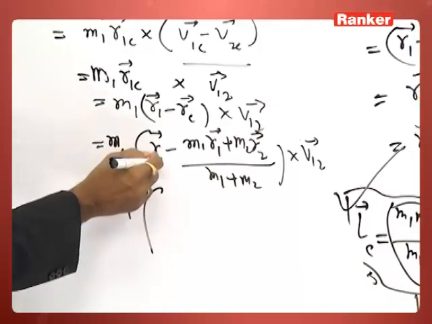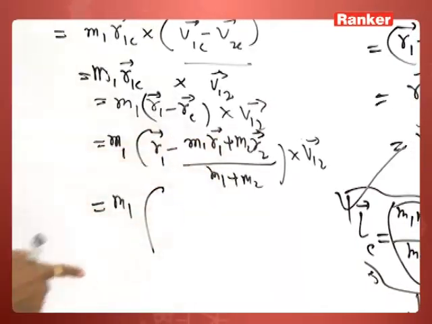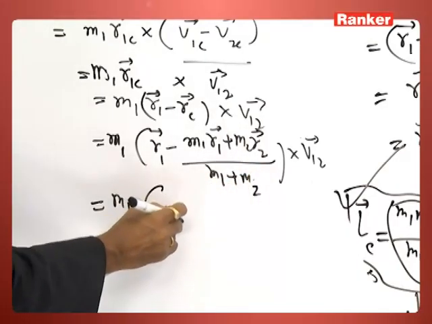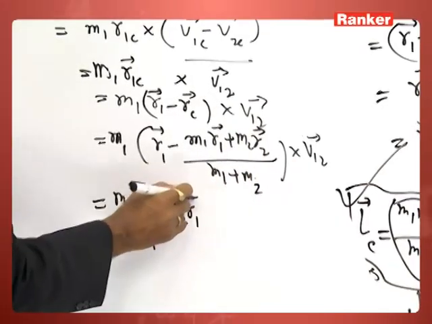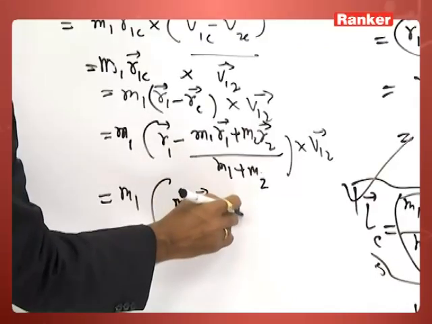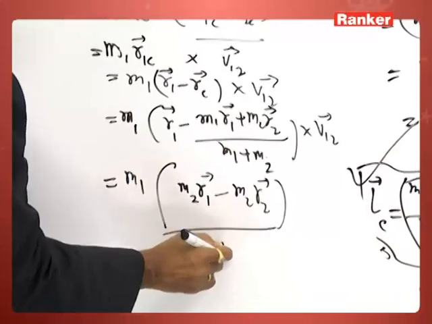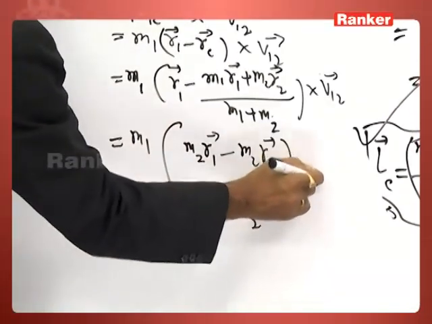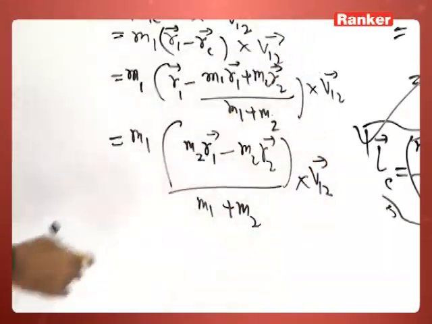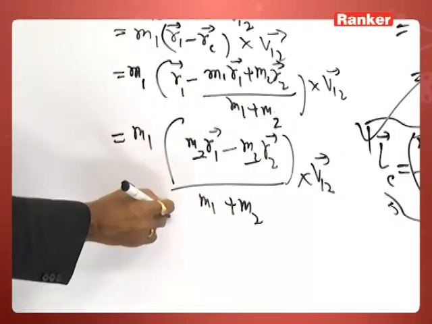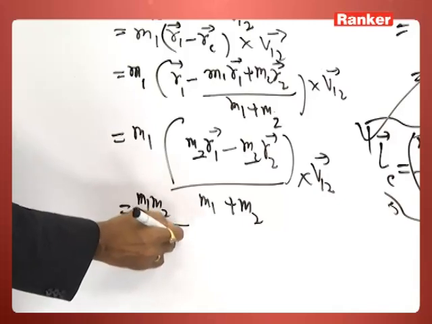That's equal to m1 r1 minus m1 r1 will be getting cancelled, and you are having the term m2 into r1 minus m2 into r2 by m1 plus m2 cross v12. If you take m1, m2 common, you are getting that reduced mass factor.